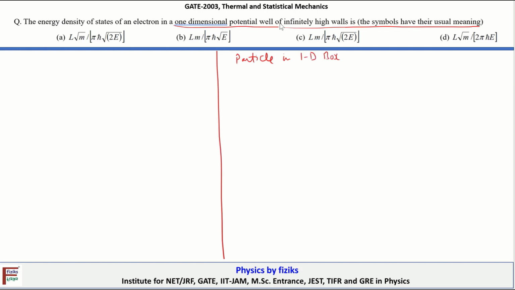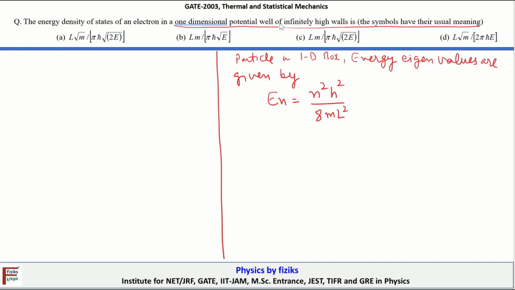The energy eigenvalues are given by En is equal to n square h square upon 8mL square, where n is equal to 1, 2, 3 and so on.